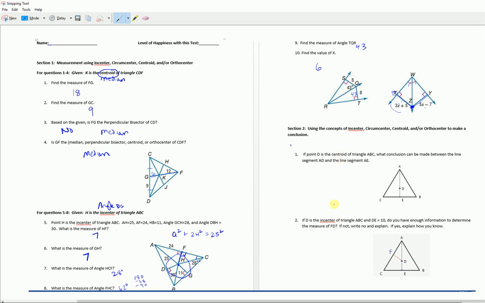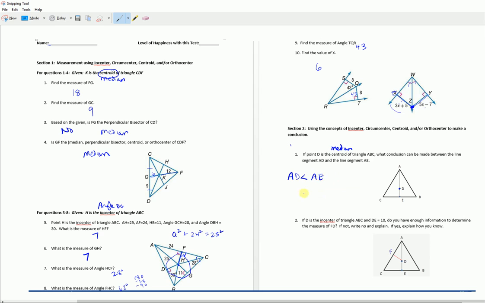Now the next section, I would have accepted either answer as long as you explained your answer. If point D is the centroid, and the centroid is where the medians meet, what conclusion can we make between line segment AD and line segment AE? We can say AD is going to be shorter than AE.